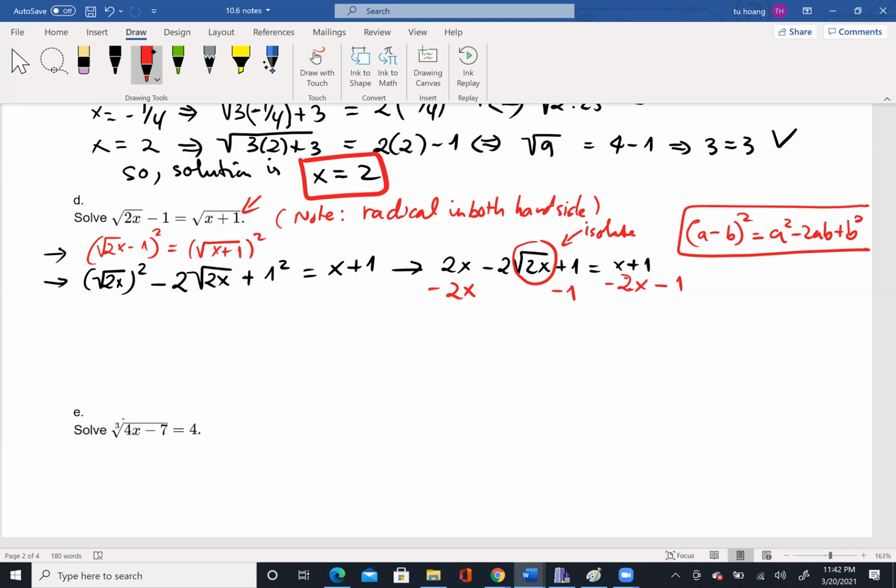So this guy is gone, this guy is gone, and I have negative 2 square root of 2x equal to negative x, and 1 minus 1 is 0. So I'm going to divide by 2. Let me see, is there any other way?